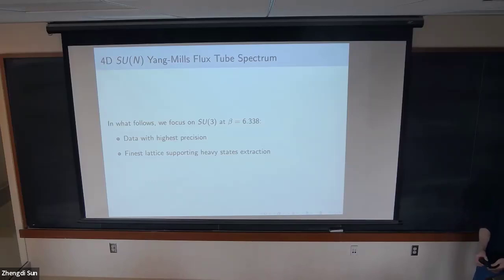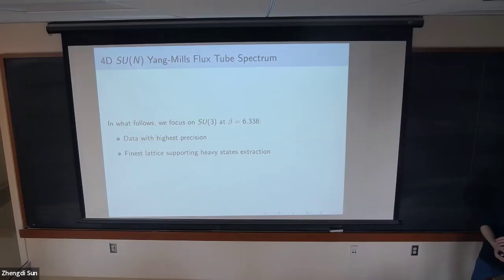The reason that we can extract higher excited states with finite lattice spacing is that in lattice calculations we generally compute the spectrum by looking at the correlation function of two-point functions. This two-point function decays exponentially, but the noise of the Monte Carlo simulation is a fixed value, so it will decay very fast into the noise.